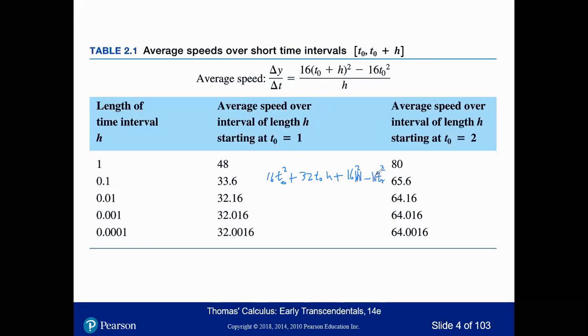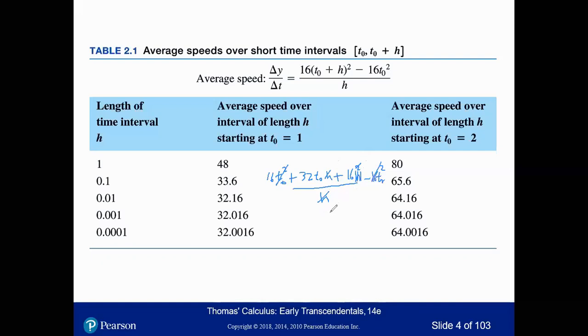Everybody? So we have 16 t0 squared, it goes with 16 t0 squared, and we're dividing this one by h, right? Now this square is gone, so we still have one h here, because this was 16 h squared and we're dividing by h. So this h is eliminated, this h is eliminated, right? Everybody?